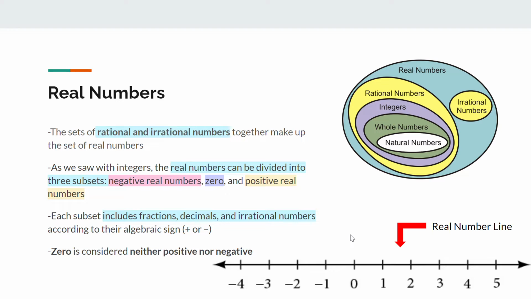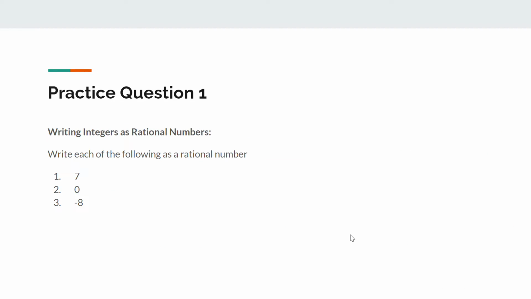Let's do some practice questions. Write integers as rational numbers. Write each of the following as a rational number. I'll give you 30 seconds to work on the 3 questions, starting from now.